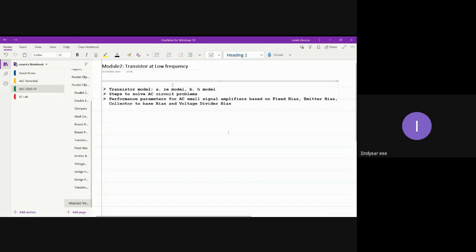The RE model, which is based on the diode model, and the second model, known as the H model or hybrid model. There are some other variants of the hybrid model, like the approximate hybrid model and the hybrid pi model, etcetera.